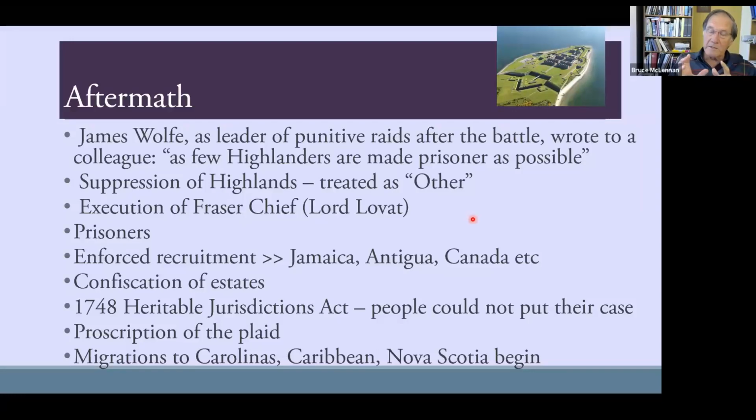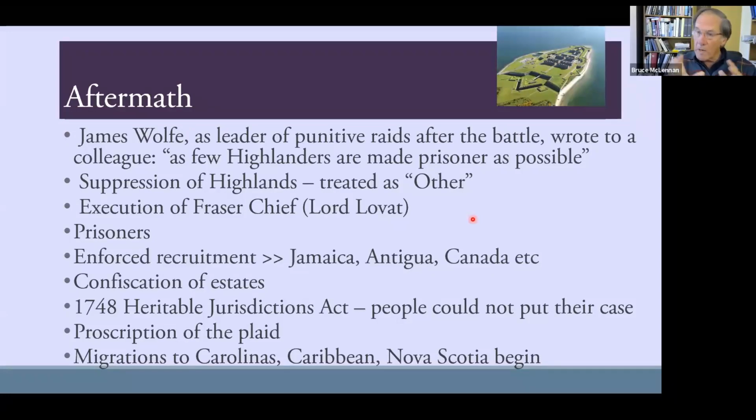The lairds in the local parishes had the ability to manage their communities by getting people allowed to air their grievances and have disputes settled at the local level with local people that they knew. But this Heritable Jurisdictions Act did away with that and said that people had to go to the national court system to resolve disputes.